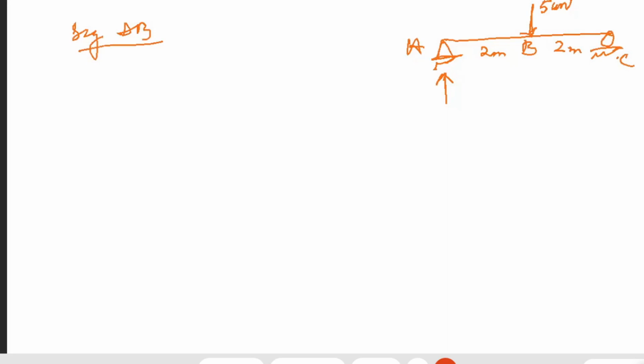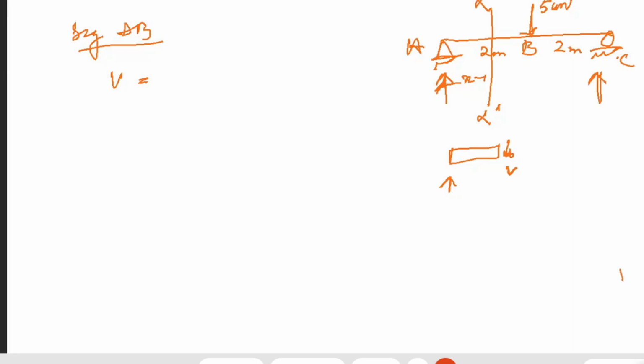Let's consider a section XX' at a distance of x from point A. And then my reaction will be, V will be simply, if 5 is the load, how much will be the reaction carried by each of the supports?